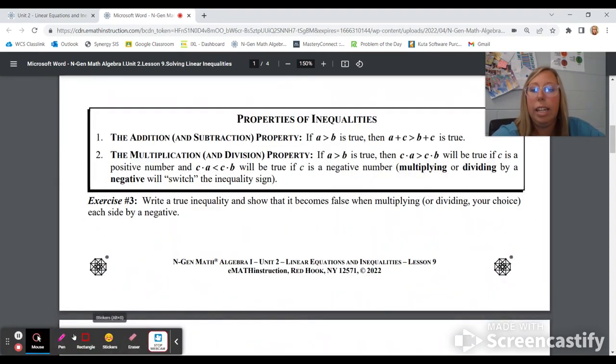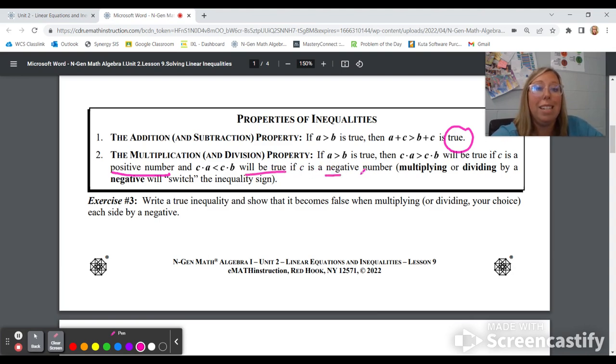Here on exercise 3, it's addressing these properties of inequality. With addition and subtraction, if you add or subtract a number to both sides, then it remains true. But with multiplication and division, let's break that one down a little bit. If we start out with a true inequality and you multiply or divide on both sides with a positive number, then it remains true.